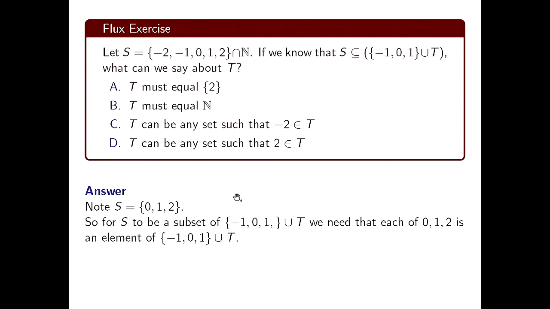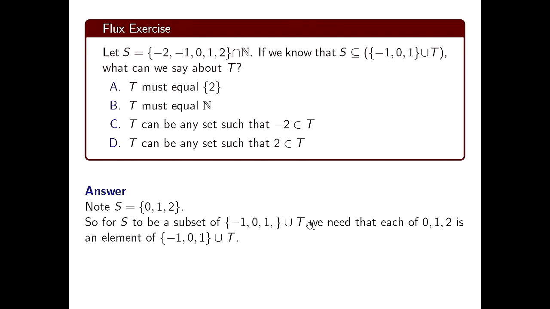Now 0 is definitely in this set here because if it's in this set, it's in the union. And 1 is definitely in this set here because if it's in this set, it's in the union. The question is, is 2 in this set here? Well, 2 will be in this set here exactly if 2 is in T, right?